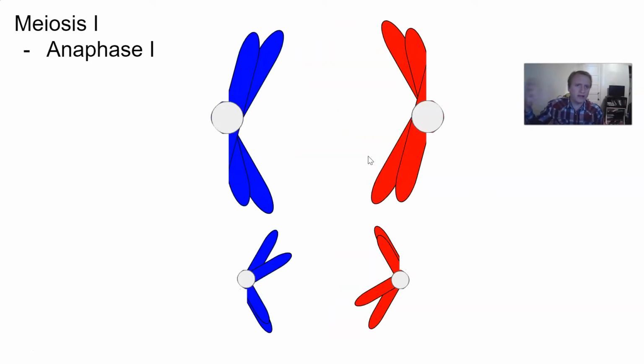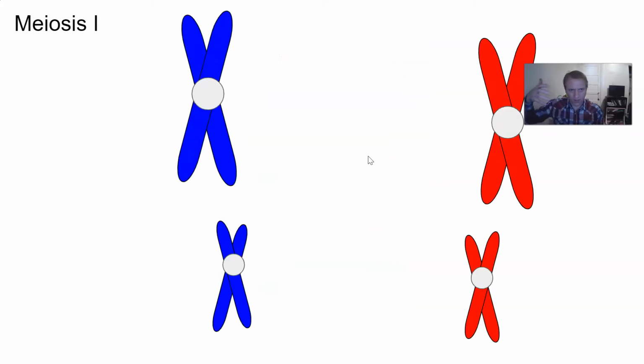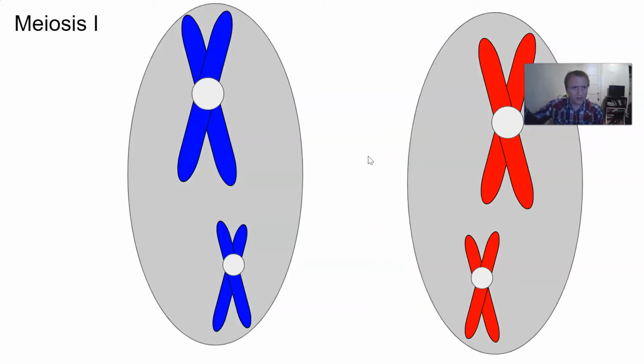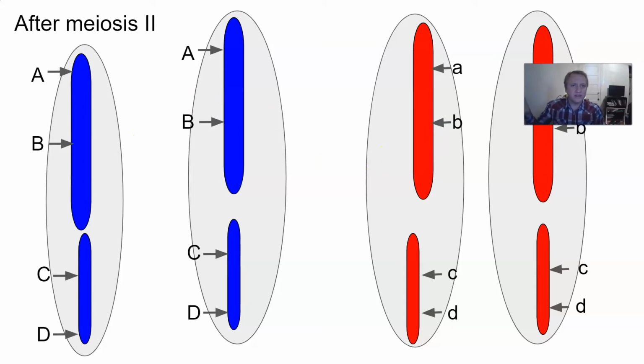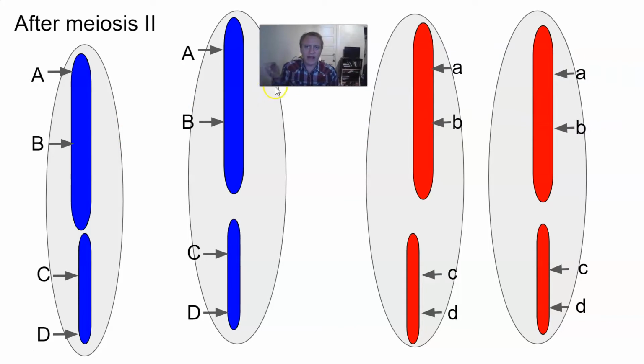Anaphase 1, they are separated. They wind up forming 2 individual cells, and then they undergo meiosis 2, and they wind up forming 4 gametes. If any of this is foreign to you, please go back and check out previous videos. But we have these 4 gametes here, and each of these has different alleles on it.